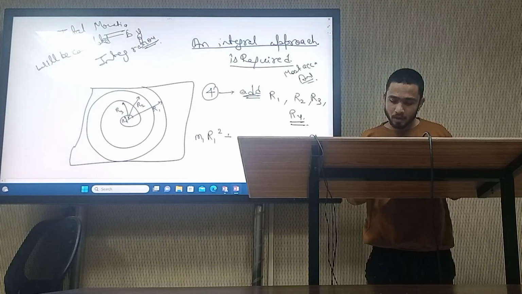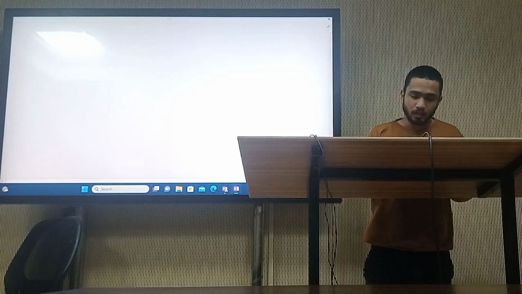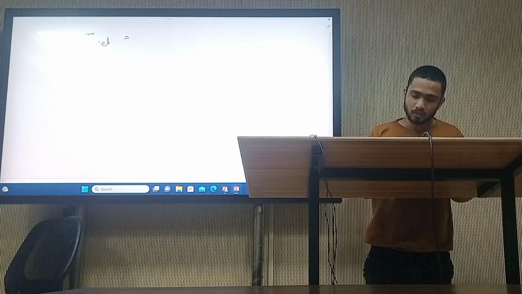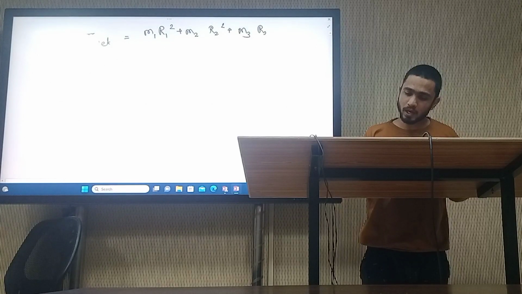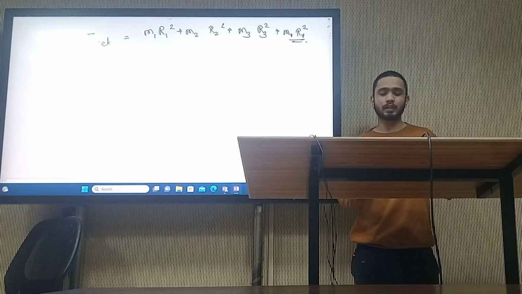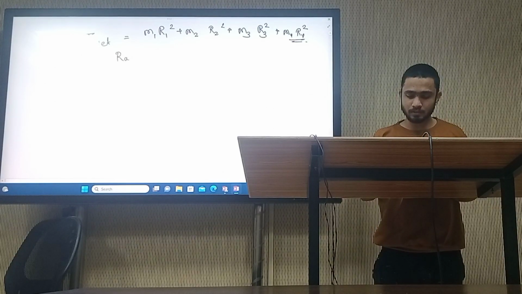On radius r1 the moment of inertia is m1 R1 square, on r2 m2 R2 square, plus m3 R3 square plus m4 R4 square. So I net is m1 r1 square plus m2 r2 square plus m3 r3 square plus m4 r4 square.